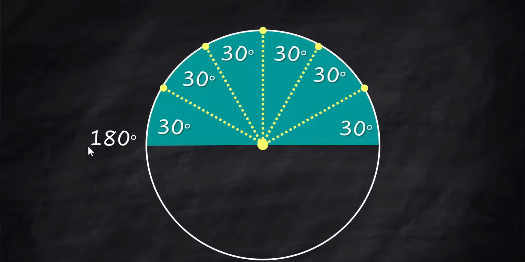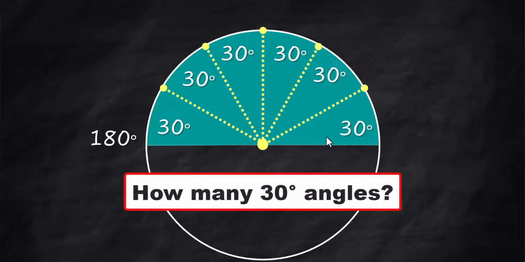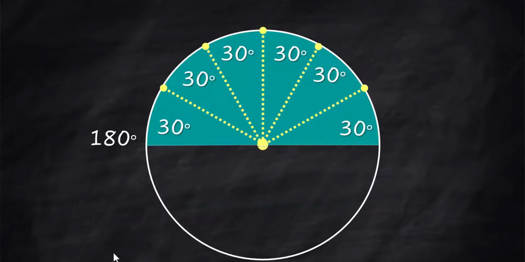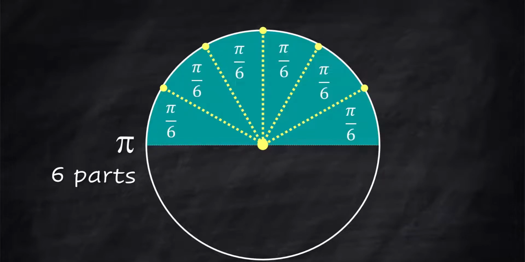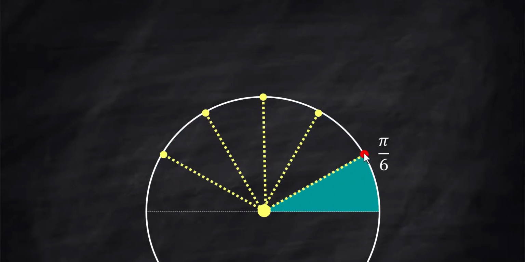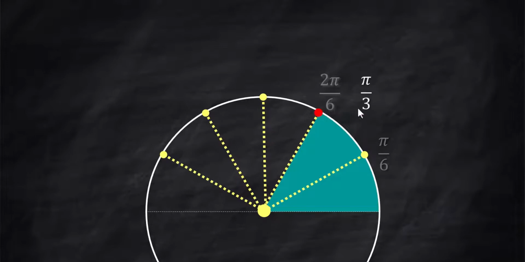You know that this is 180 degrees, and so this whole top part has how many 30-degree angles in it? It has 6 of them. So that means pi is split into 6 parts. Well, that means each one of these little sectors is pi over 6. So let's look at the angles. The very first one is 1 pi over 6. The second one is 2 pi over 6, but that's not in lowest terms, so we're going to put that in lowest terms, and this one is going to be pi over 3.